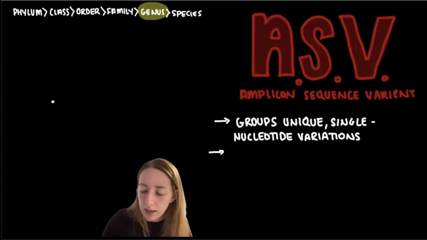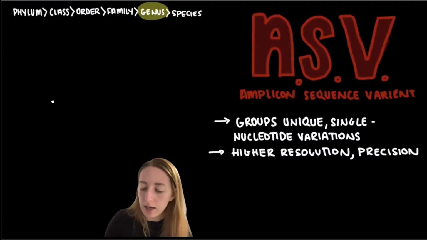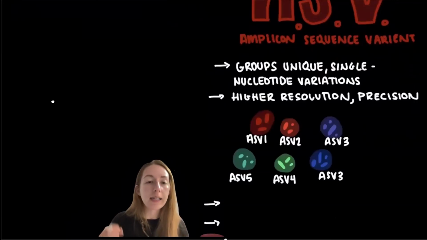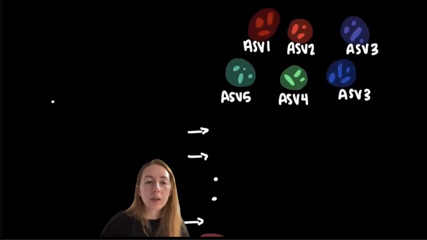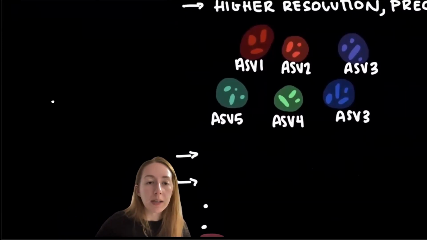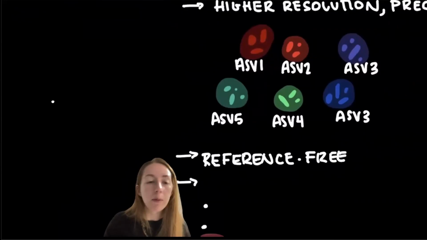This is highly more specific, with much more resolution and precision. And then this is an example of what that might look like. So anybody of the same color exactly would be its own ASV. In this case, ASV1, ASV2, ASV3. This does not rely on a reference.